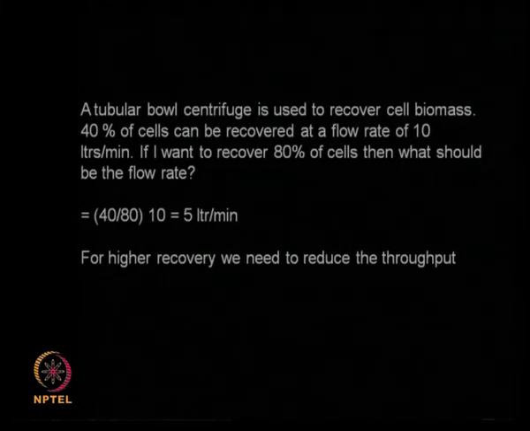That means you want to have 80% of cells recovery, that means you like to improve the efficiency. So obviously you have 40 divided by 80 and 10 is the original flow rate. So the flow rate has to be reduced by a factor of 2. So if I want to improve the efficiency, obviously my throughput goes down. Higher is the efficiency, throughput has to go down.